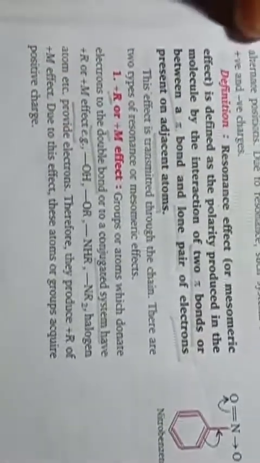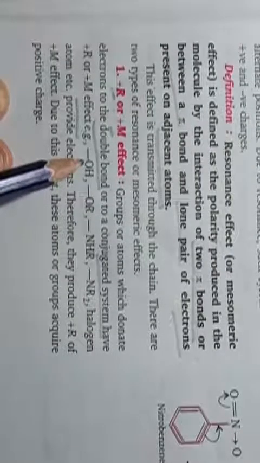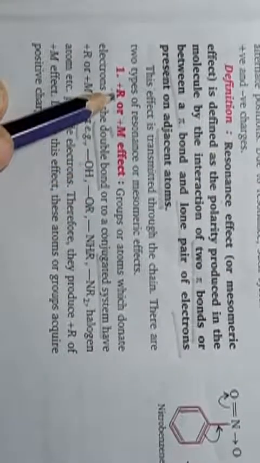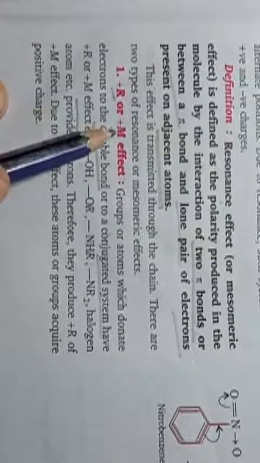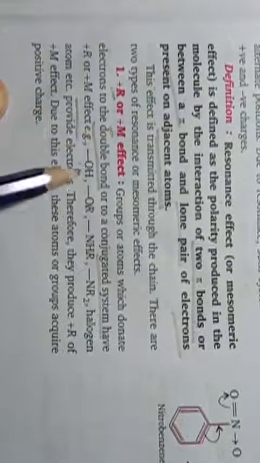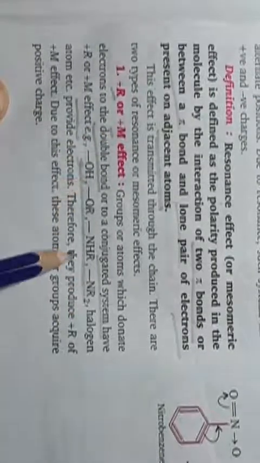So such groups which can donate electrons are showing positive R or positive M effect. Okay, students, positive R or positive M effect are shown by groups or atoms which have electron donor character.